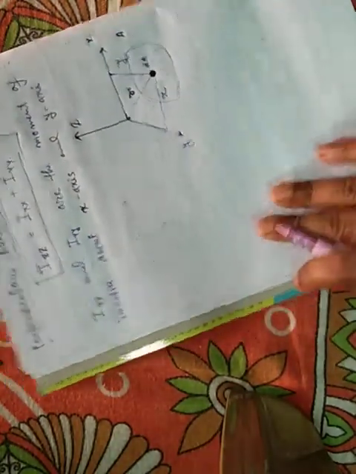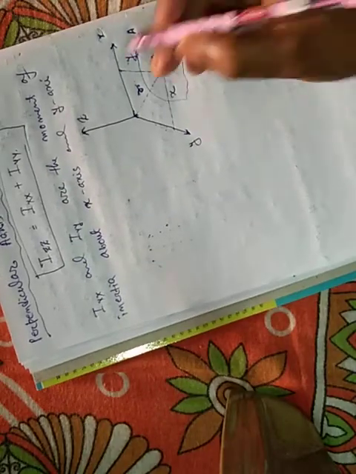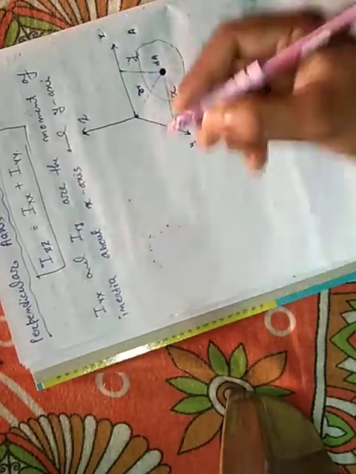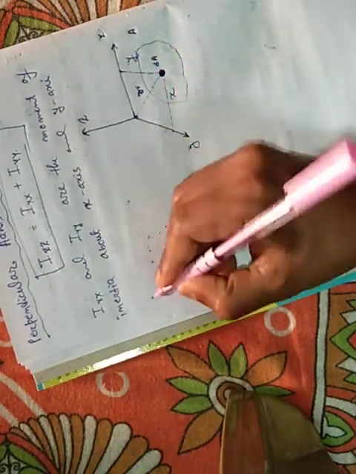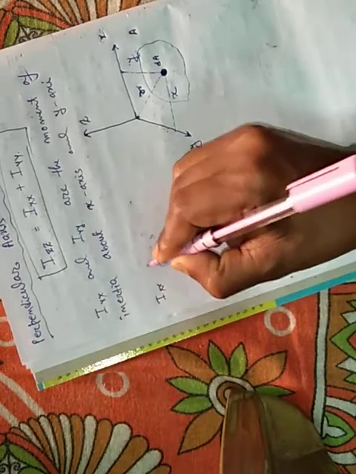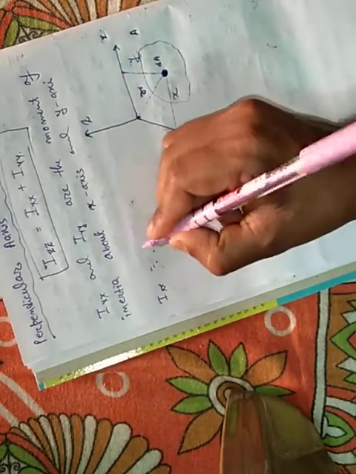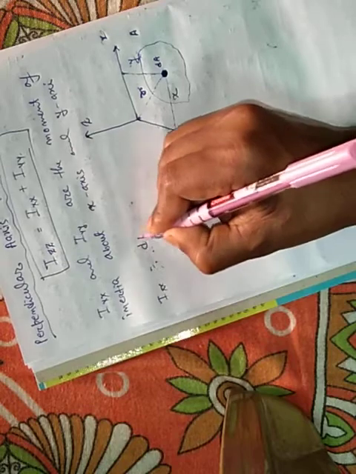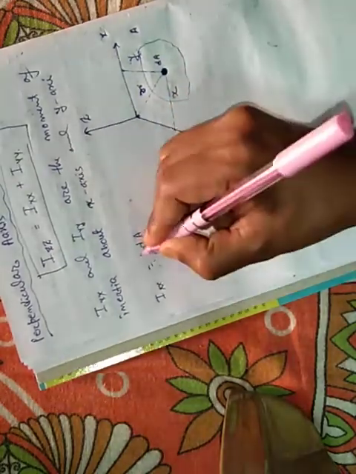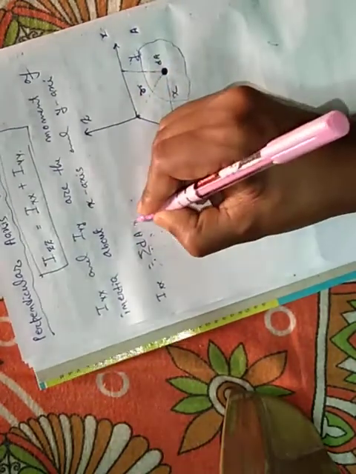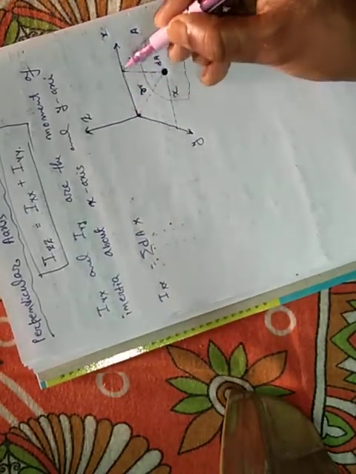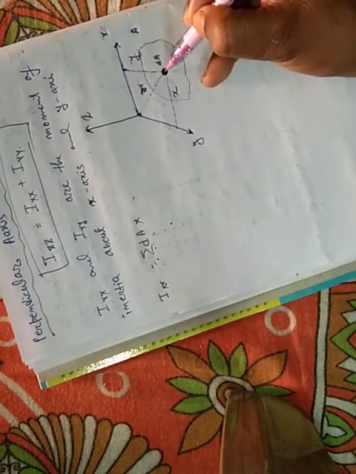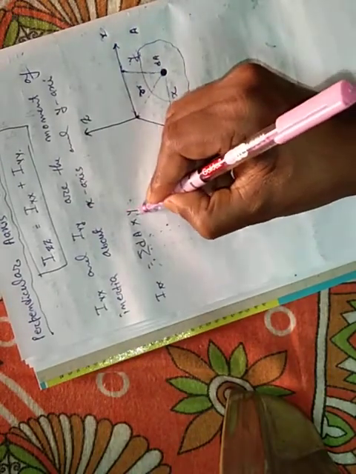Now this is the z-axis. Now the moment of inertia about the x-axis of the small area dA is Ixx equals summation of dA into perpendicular distance y square.